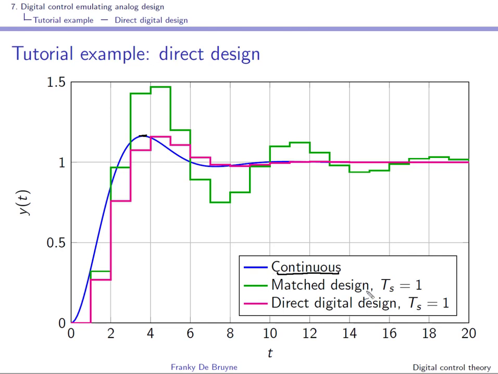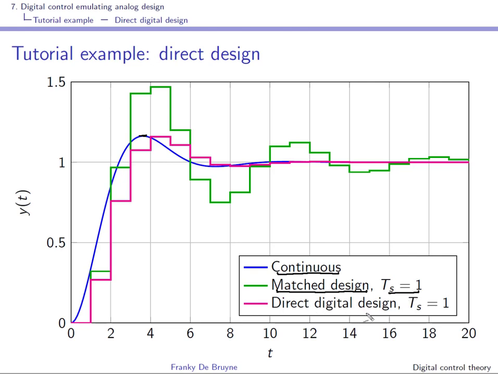If we use a digital controller that comes from a matched design, you have the response in green. This is for a Ts sampling period of 1 second, and clearly the specifications are no longer met. You can see that the damping in closed loop is not as good as expected.